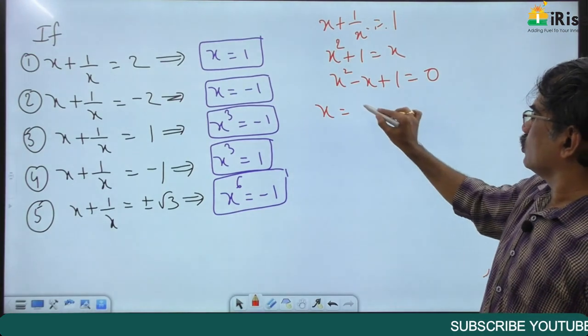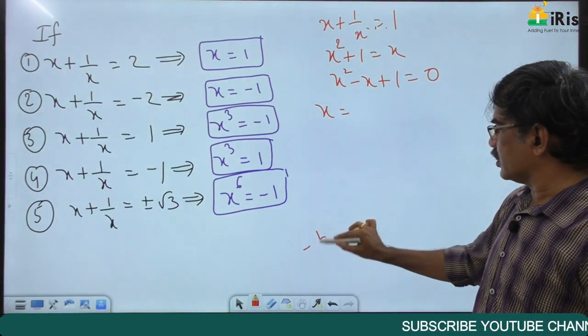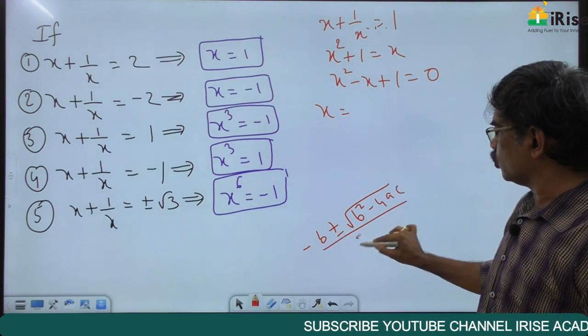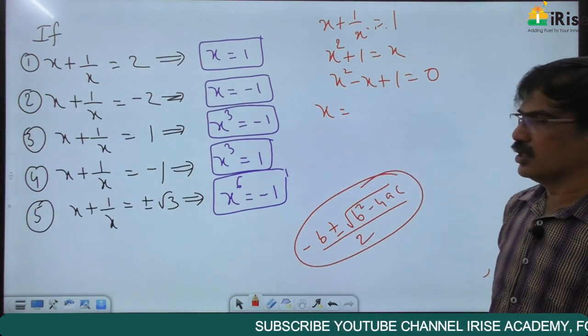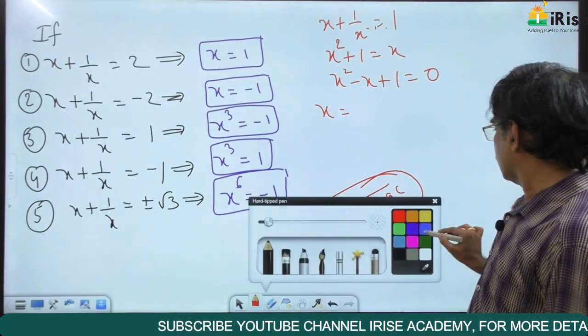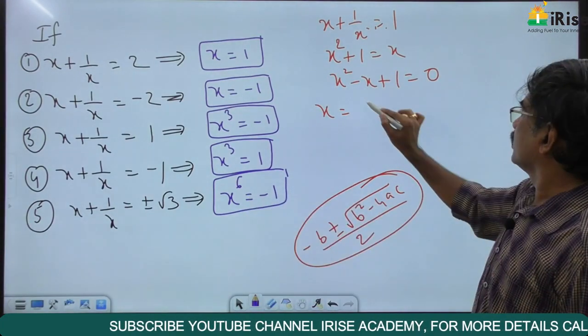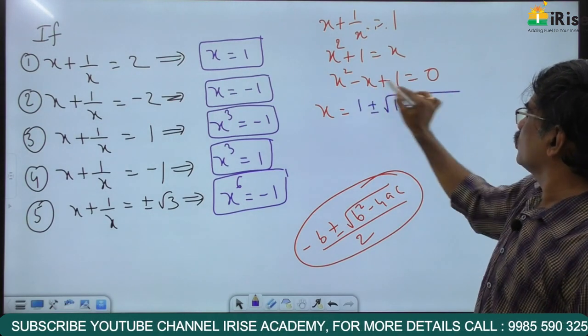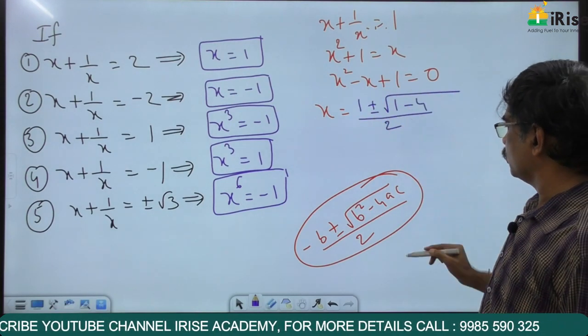The formula is x equal to minus b plus or minus root of b square minus 4ac, by 2a. This is the formula for a quadratic equation. So minus b plus or minus root of b square minus 4 into 1 into 1, by 2a.